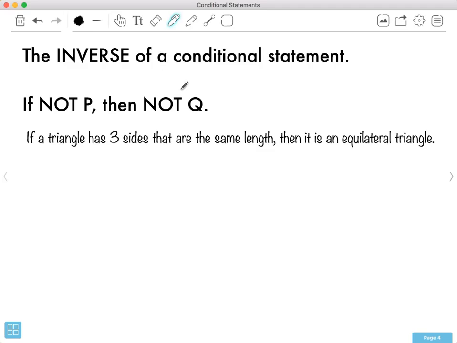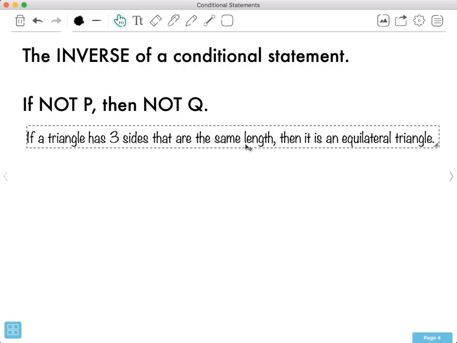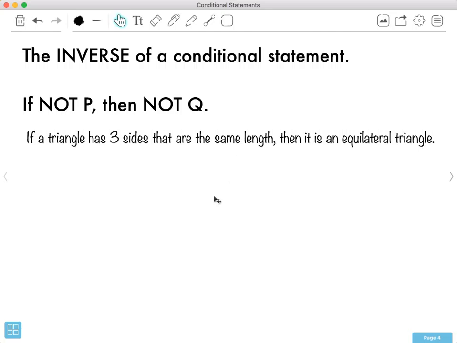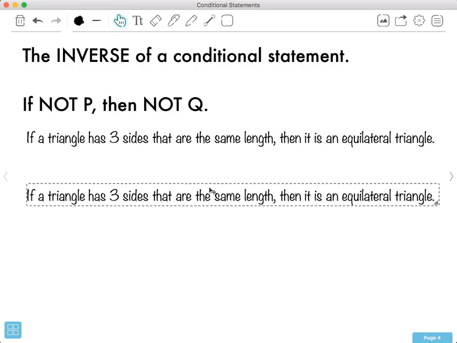If you want to do the inverse, you keep the P and the Q in the same order, your hypothesis and your conclusion, but you negate both of those statements. So again, I'm just going to copy my initial statement here, and I'm going to edit it to be the inverse.